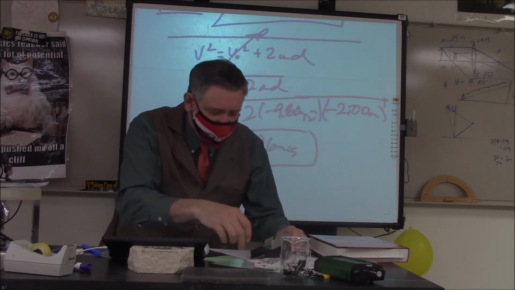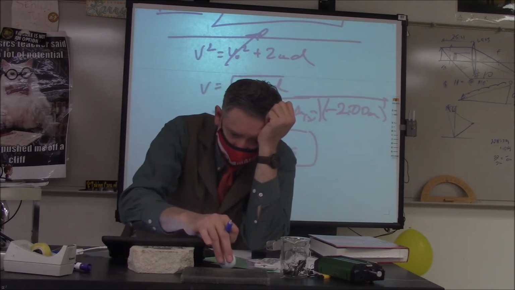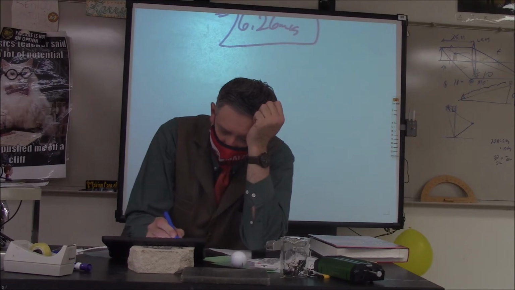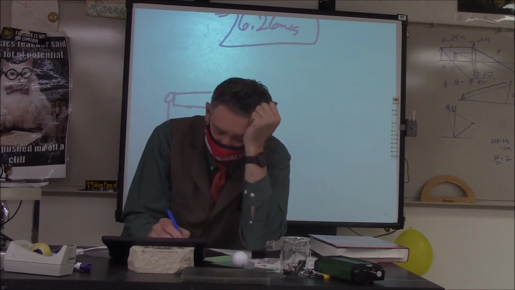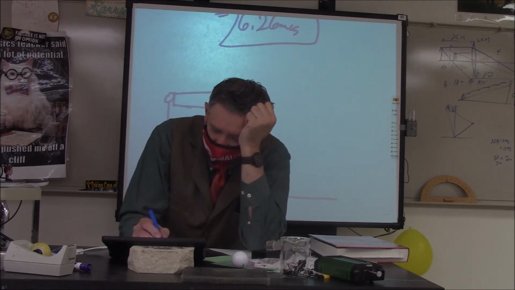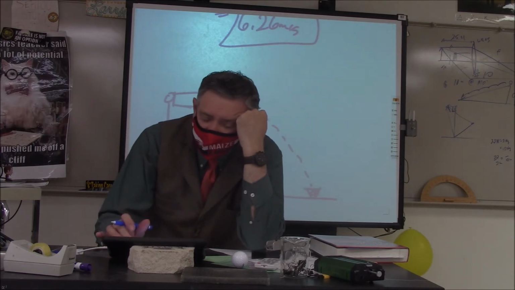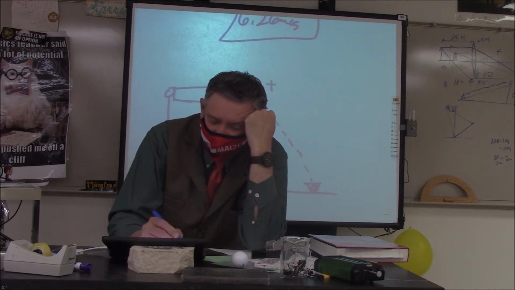So here's what I want you to think through. We have one ball that's going to fall straight down, and another ball that's going to come out like this. So we have one that's shot, and one that's dropped.